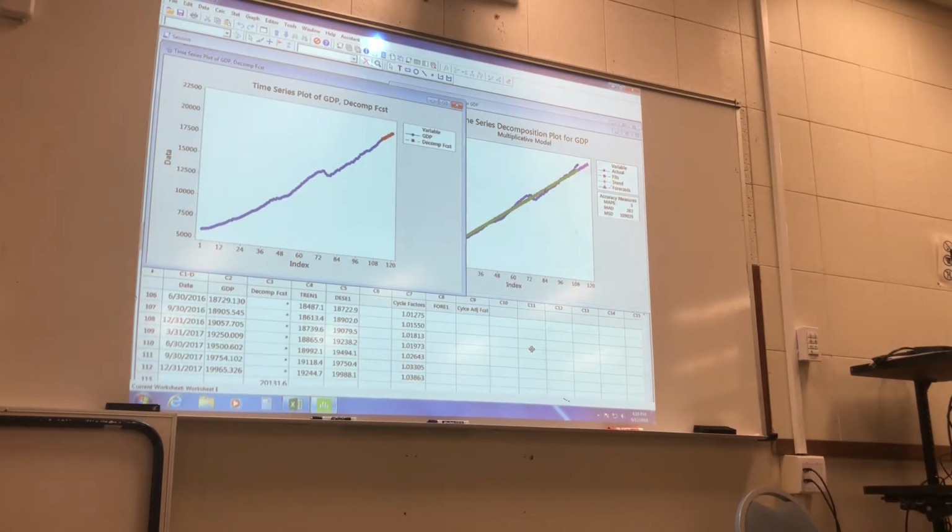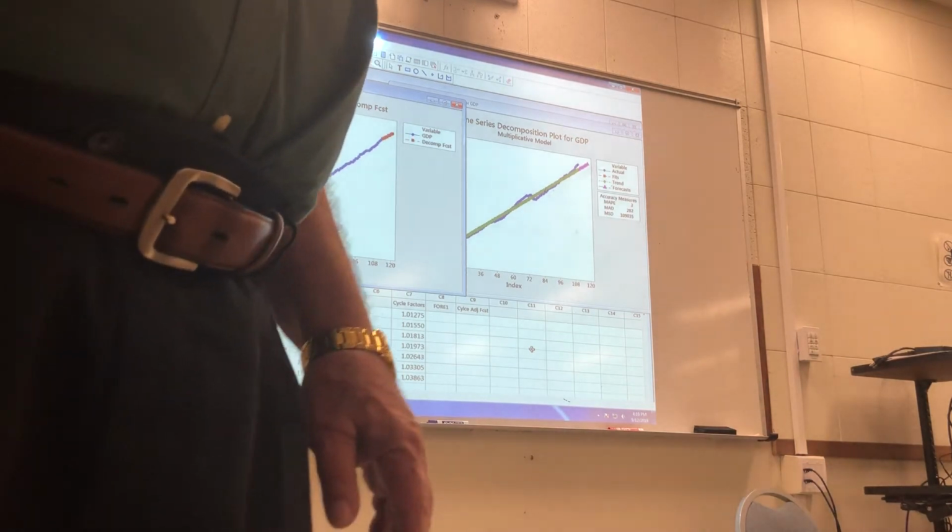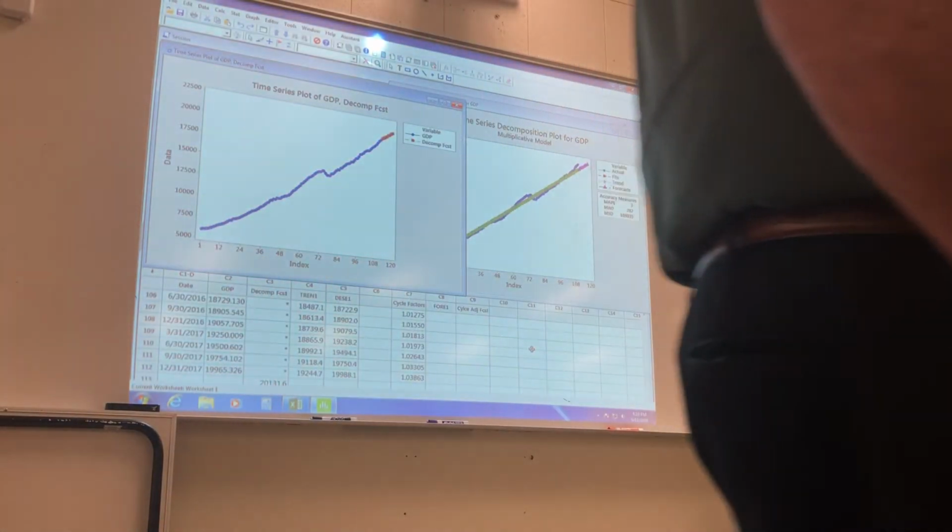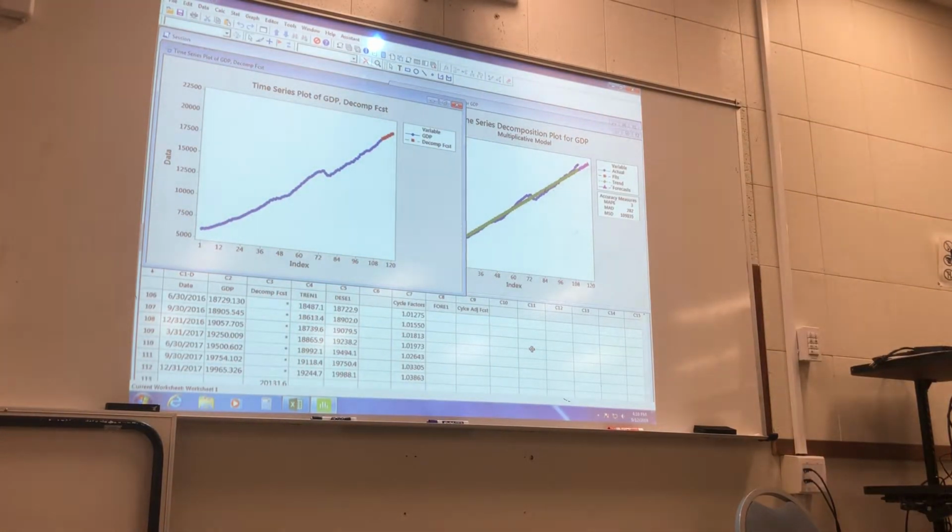Okay? So my question, you did this to make it look better, right? Did I do it to make it look better? It looks better because I put cycle in. Remember, the data has trend, cycle, and seasonality. The forecast that we get out of decomposition only has trend and seasonality.